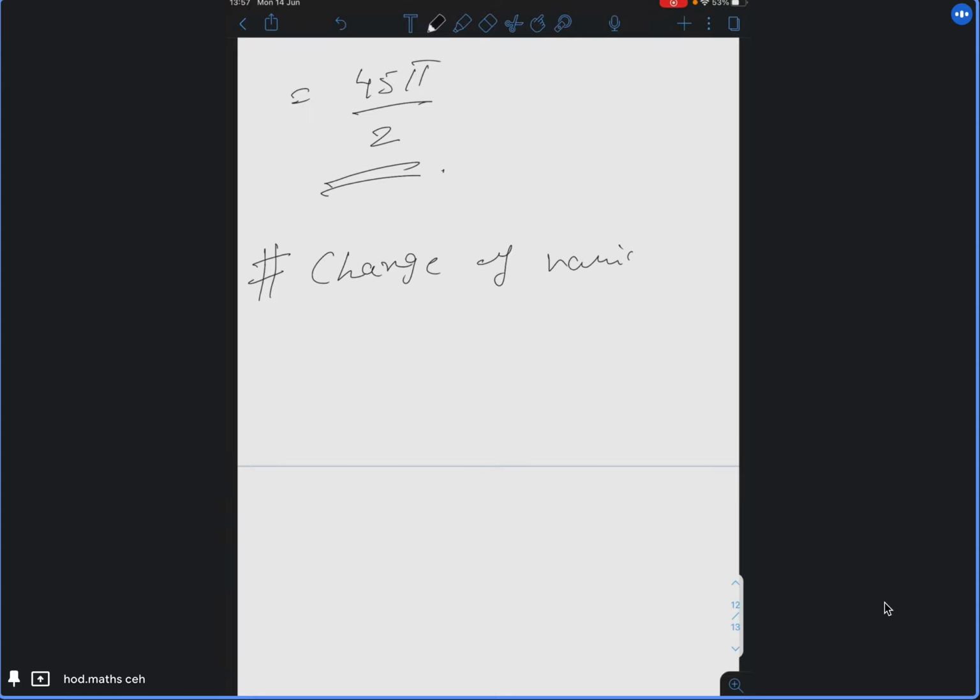So change of variables. What we do here, in general I'm speaking, take x as some function of u, v and y as some function of u comma v, being the relation between the old variables x and y and the new variables u comma v of the new coordinate system.